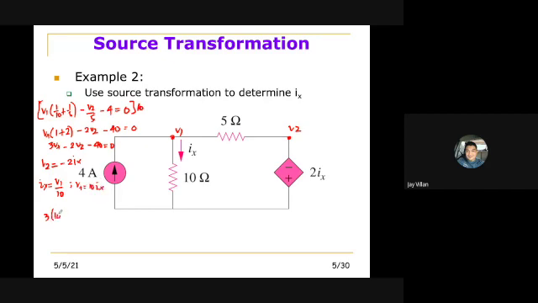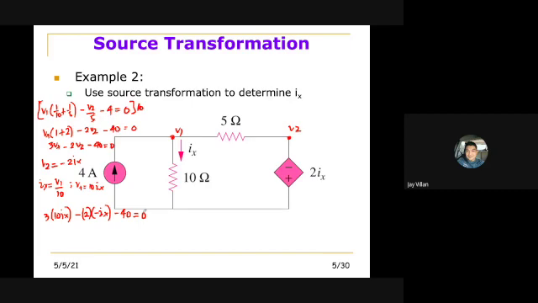So 3 times 10Ix minus 2 times negative 2Ix minus 40 is equal to 0.